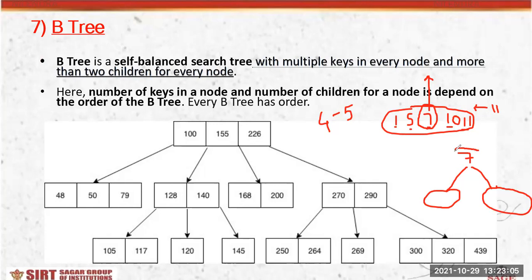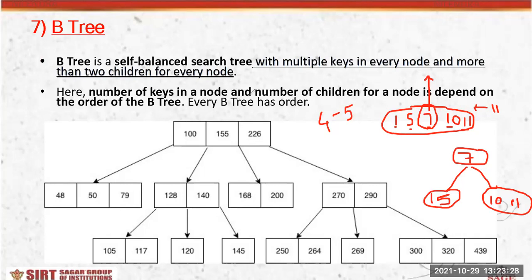So this will become your B tree, with 1 and 5 and 7, and your 10 and 11 will go here. In this way we can do the splitting of the tree from bottom to top.